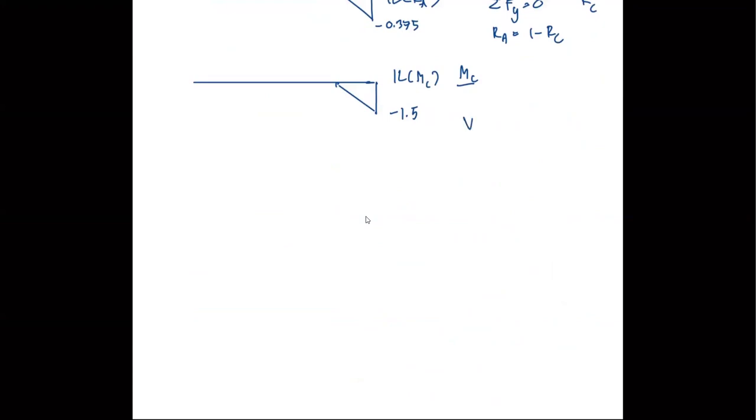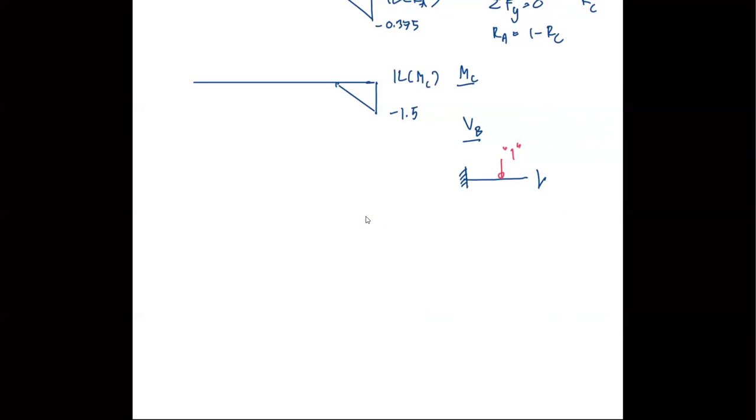So in similar fashion to the previous problem, we just cut the free body diagram at B. When I cut the free body diagram at B, again, I will have two cases. That is, when the unit load is on this free body diagram and when it is not.